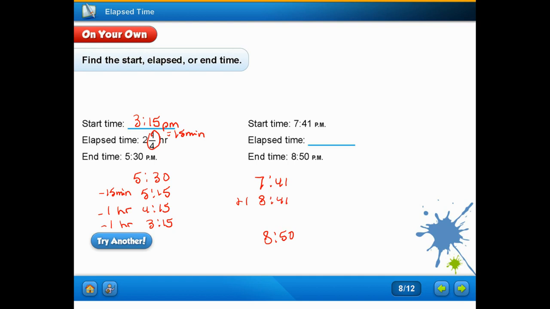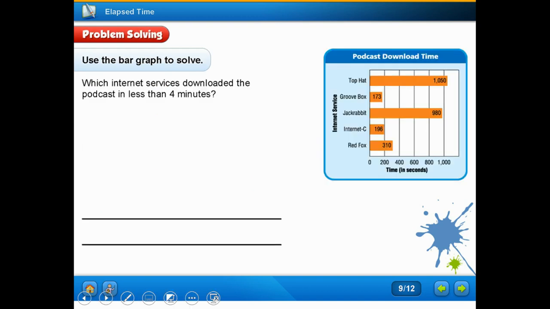I'm at 41 and I need to end at 50. So I have to figure out how many minutes are from 41 to 50, and that's 9. So I'm going to add 9 minutes, and that puts me at 8:50. So I look over here and I add all this up, and I have 1 hour, 9 minutes.